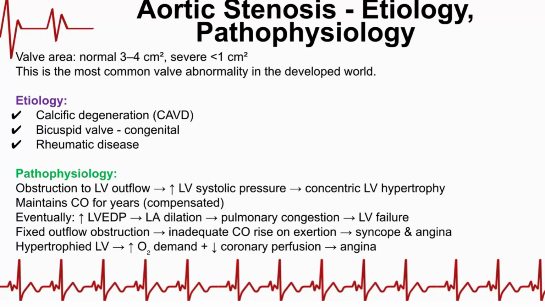And we will also see chest pain as well, because the hypertrophied left ventricle, there's more muscle, isn't there? So there's now more muscle. So this means that there's more oxygen demand. And if there's more oxygen demand, well, there's more need for cardiac output.